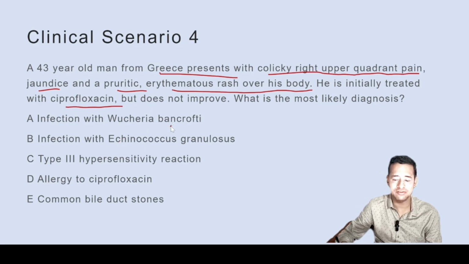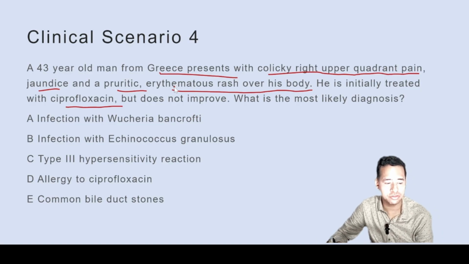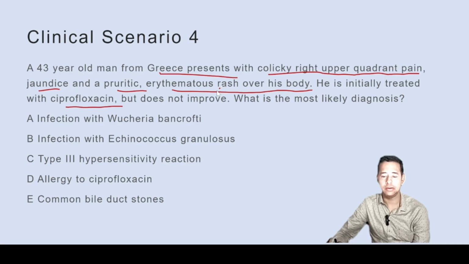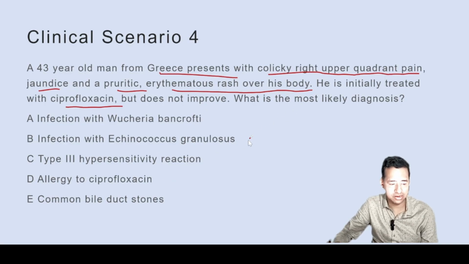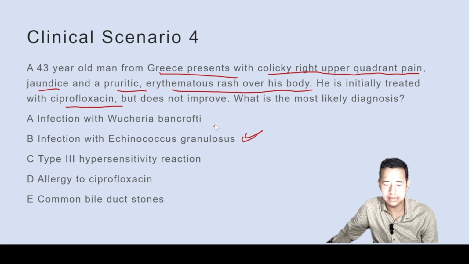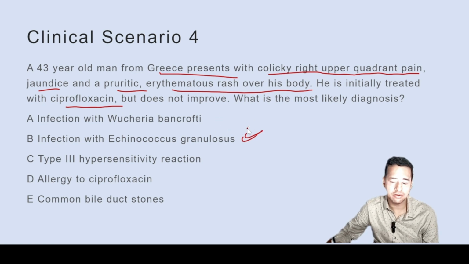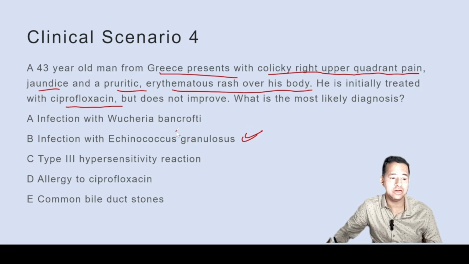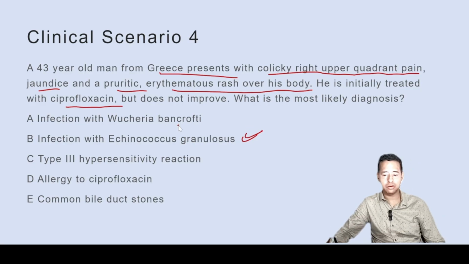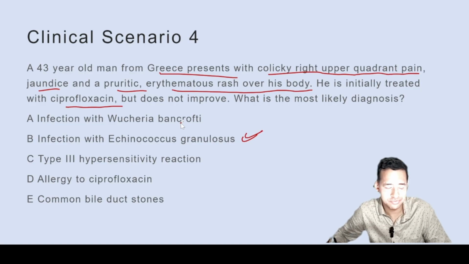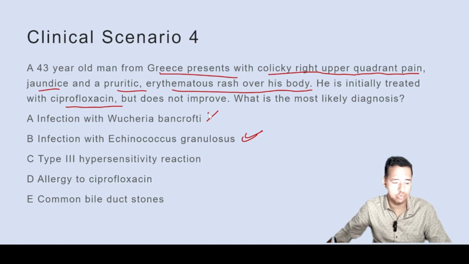First is infection with Wuchereria bancrofti. It is not at all the answer, because this is related to hydatid disease. So ultimately your answer is Echinococcus granulosus. For Wuchereria bancrofti, there is no evidence of filariasis or mosquito exposure, and it doesn't typically present with biliary symptoms. So this cannot be the answer.